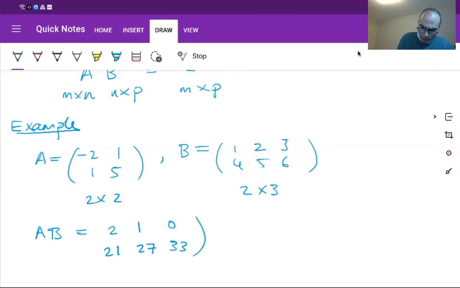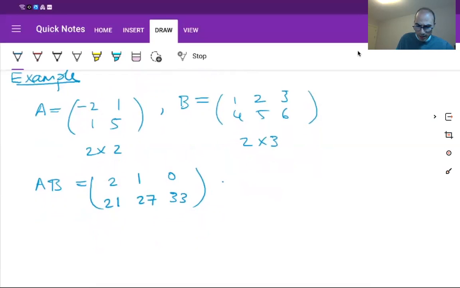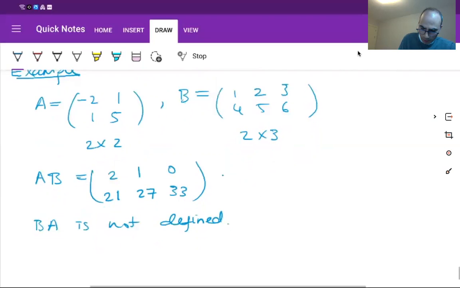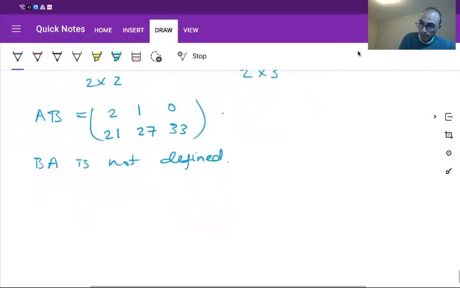Okay, so this is the product here, and notice that BA is not defined. And even if it were defined, typically AB is not equal to BA.